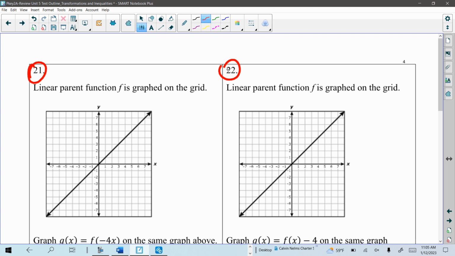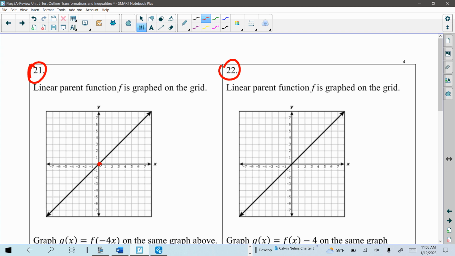All right. The linear parent function f is graphed on the grid. They want you to graph g of x equals f of negative 4x. So you have to take what's given. What do you know so far? Okay, we have, I guess, a y-intercept of 0.